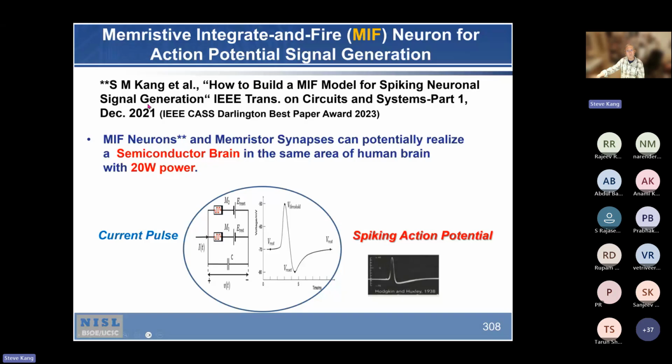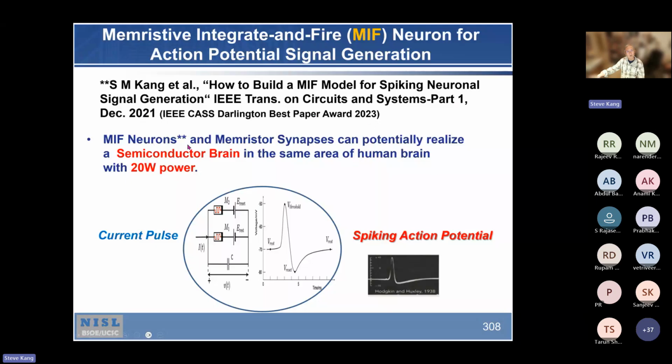Alan Escali was involved in how to build a memristor integrate-and-fire model for spiking neuronal signal generation, published in TCAS 1, December 2021, for which it was recognized with the Darlington Best Paper Award in 2023.